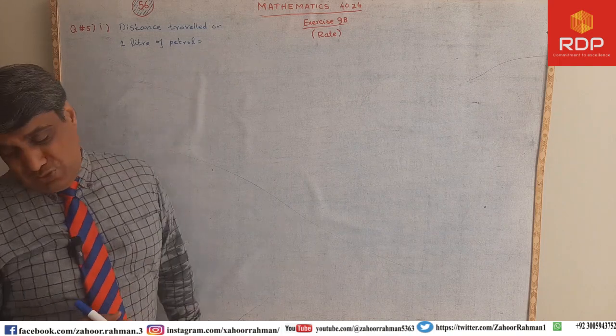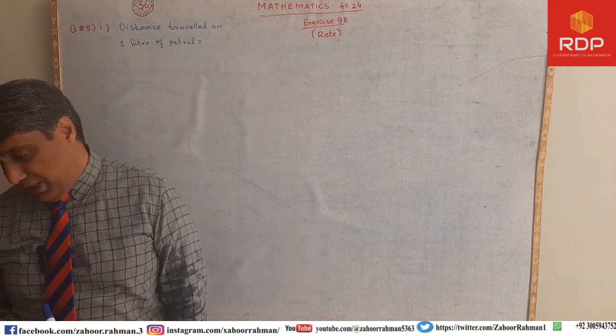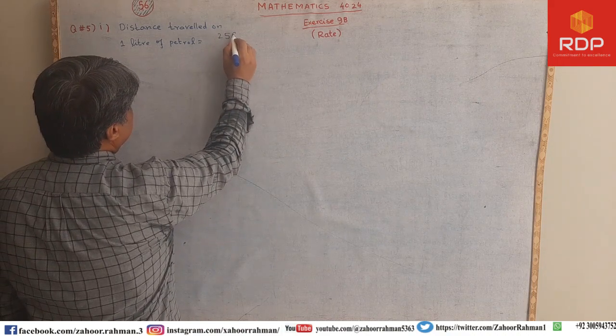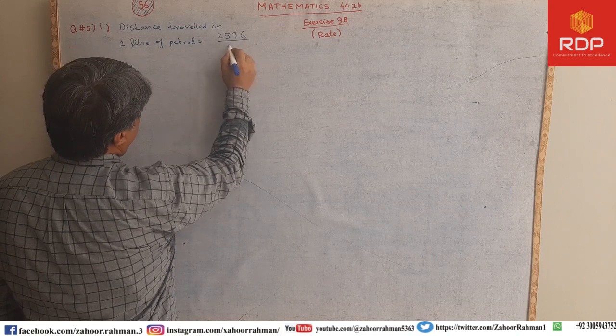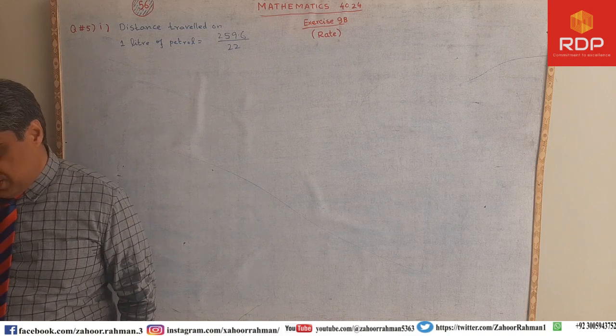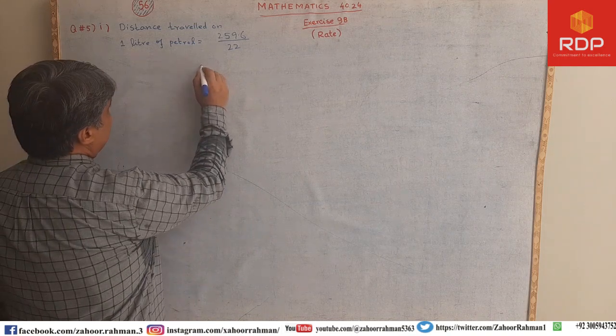is equal to, they have given us the data, 259.6 divided by 22, and it comes out to be 11.8 kilometer.